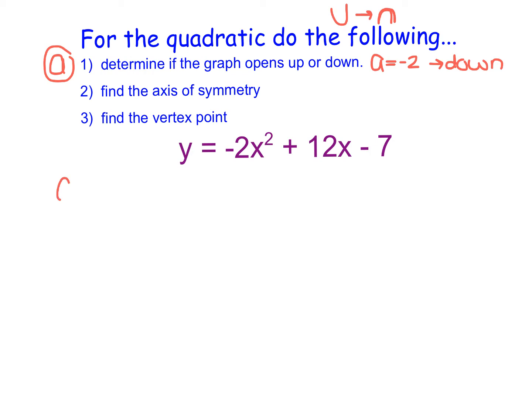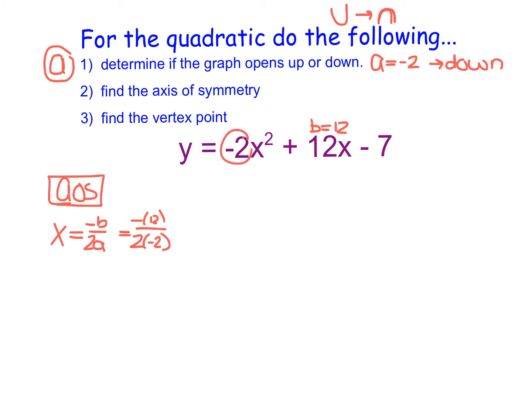Then our next step is to calculate our axis of symmetry. And our axis of symmetry is calculated using x equals -b over 2 times a. So here I find that my b value is equal to 12. So I have x equals a -12, all divided by 2 times my a value, which is -2.